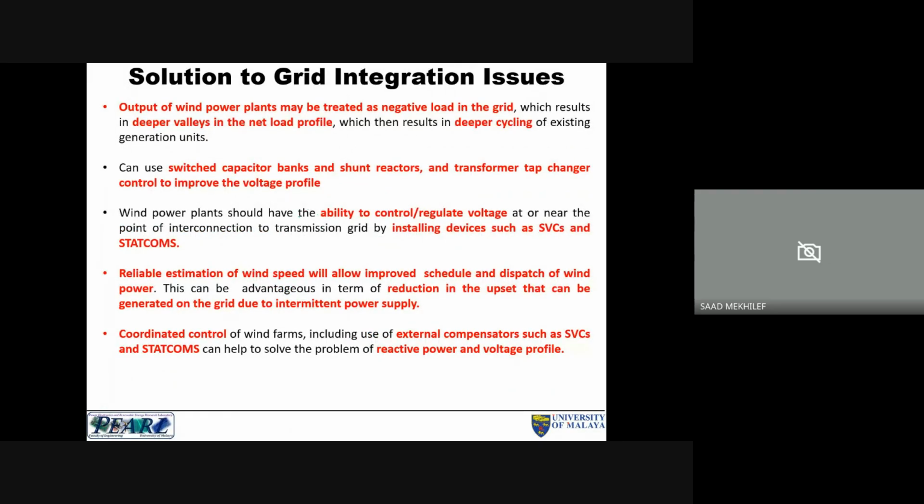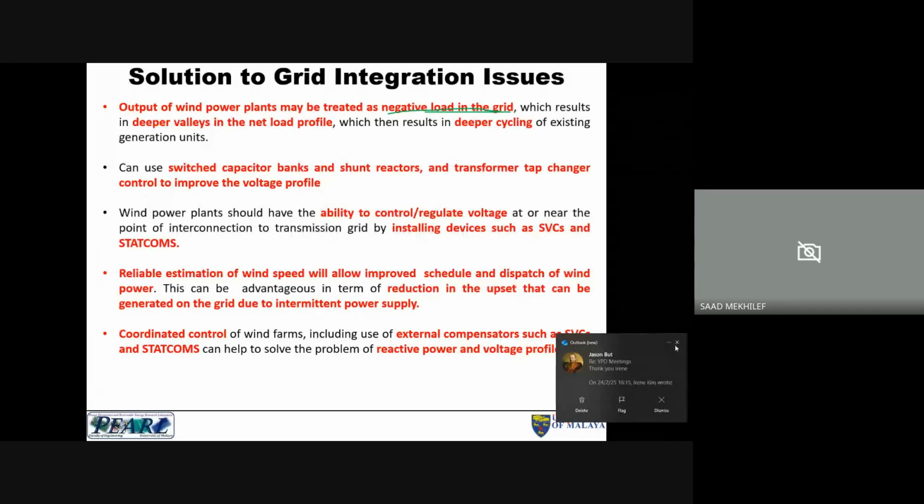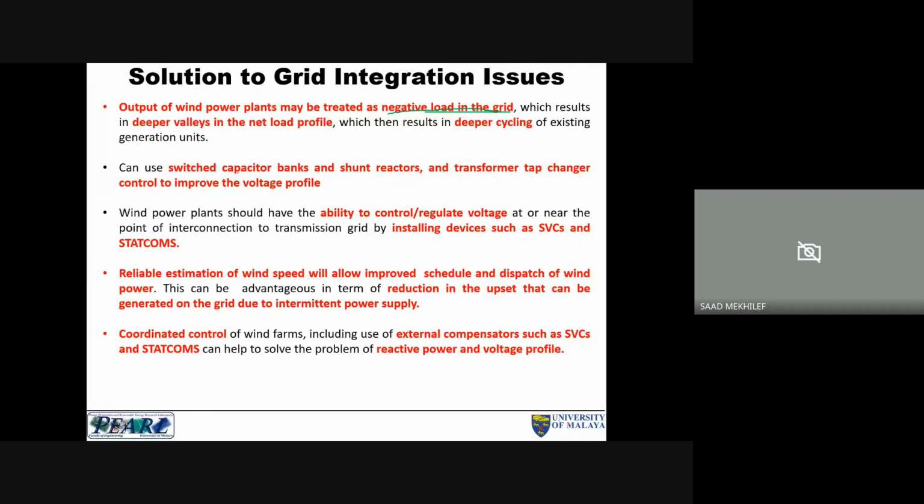Okay, output of a wind plant may also be treated as negative load in the grid, which may result in deeper valleys.